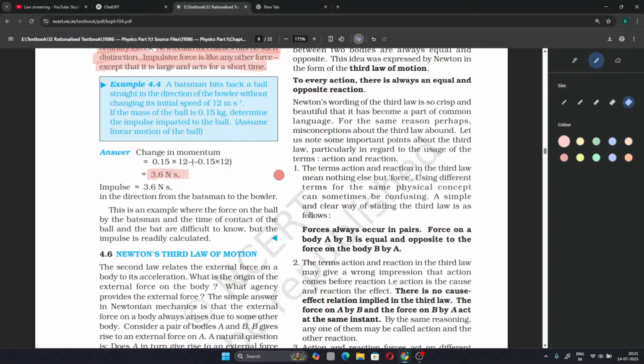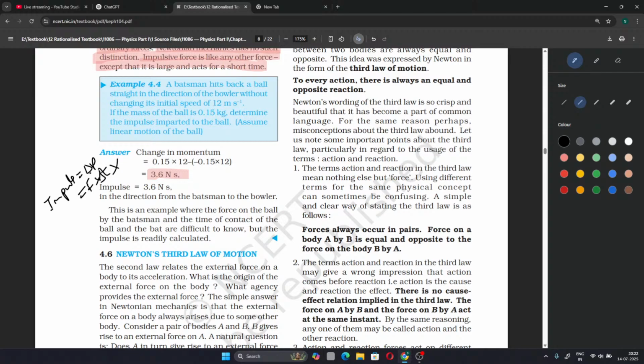When we finally calculate this, we do not know the change in time. So actually, impulse is delta P or force times delta T. We can use both these formulas to calculate impulse, but for force times delta T, we do not know the force acting on the body, nor the time interval.